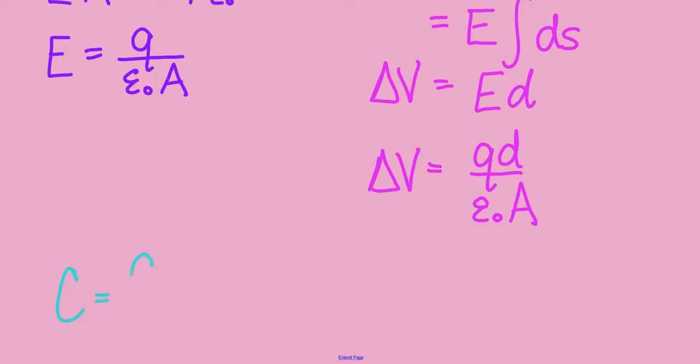We know C is Q over delta V, but instead of using a capital Q, I assumed that the charge here was a lowercase q, so being consistent, we'll say a lowercase q here.